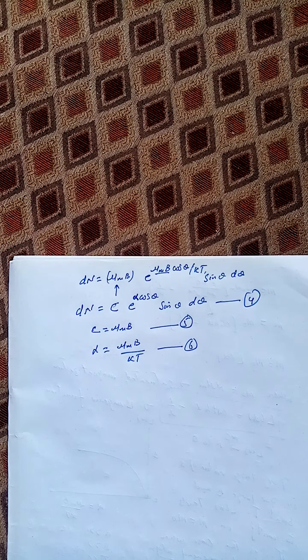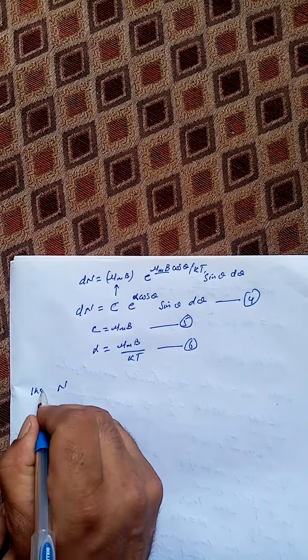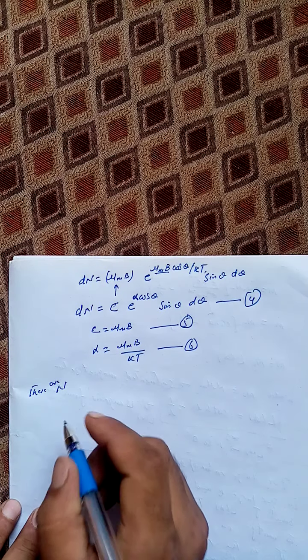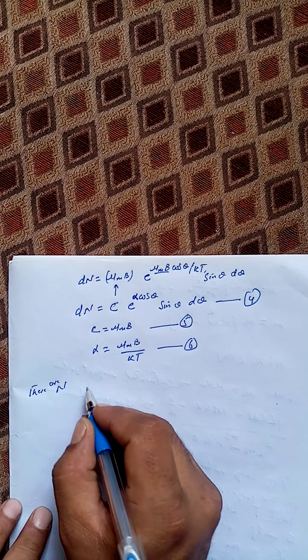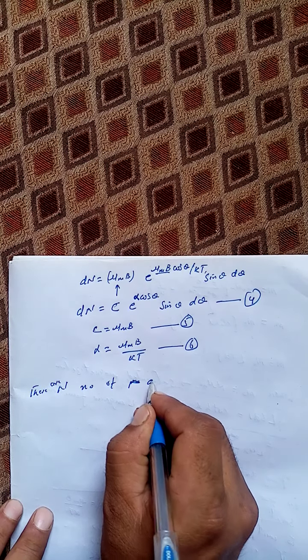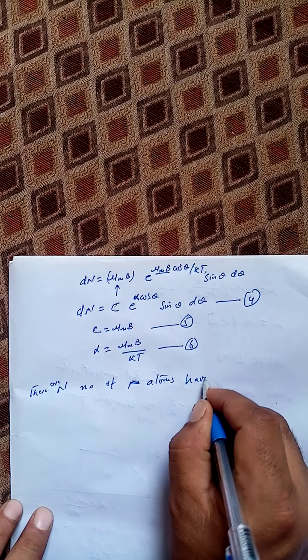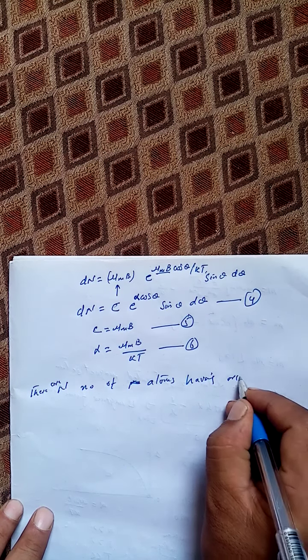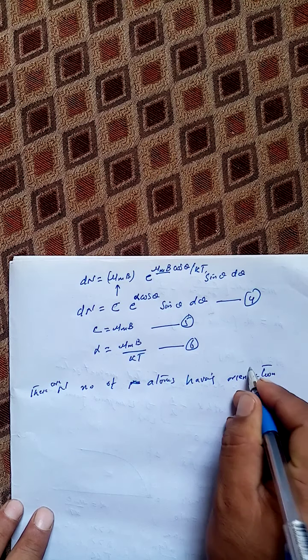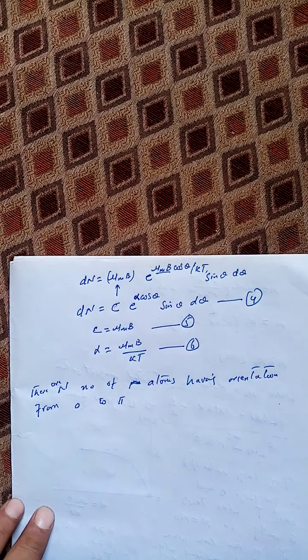Now there are N numbers of atoms, N numbers of particles, having orientation from 0 to pi. What does it mean?